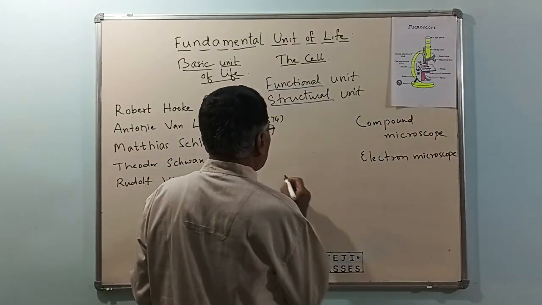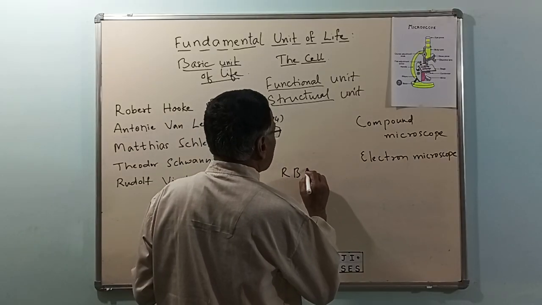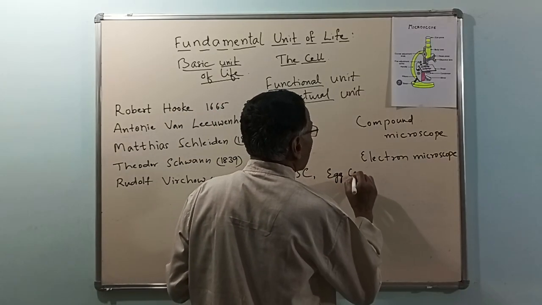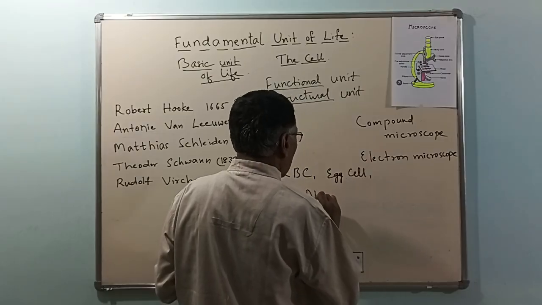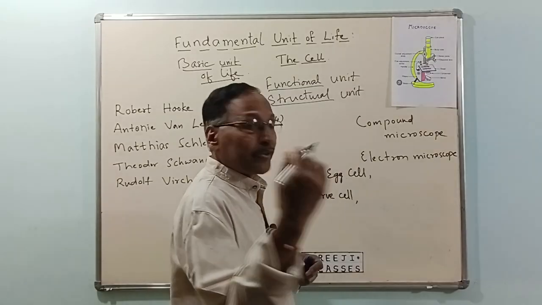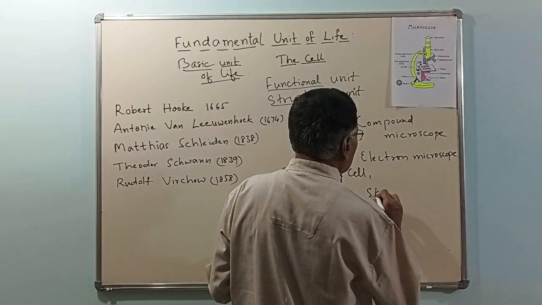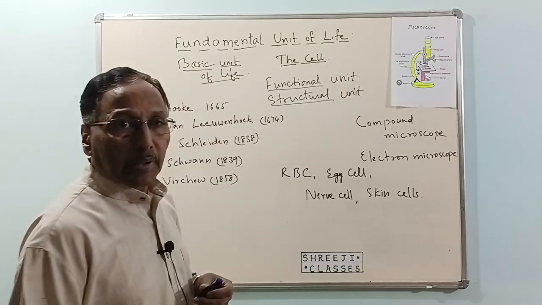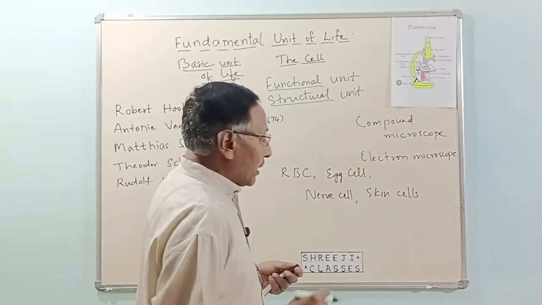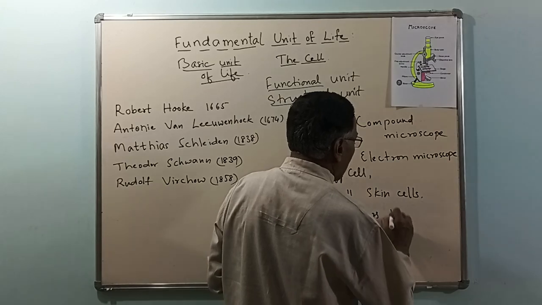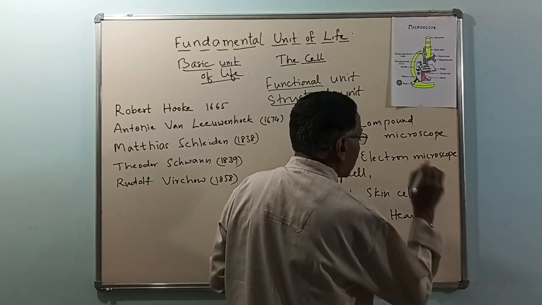We have blood cells like RBC, red blood cells, we have egg cell, we have a nerve cell, we have skin cells, right? Like that, we have cells in the lungs, we have cells in the heart, etc.